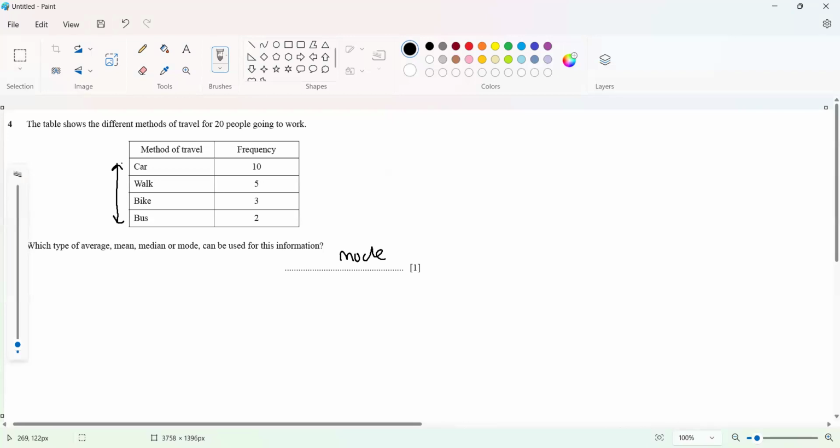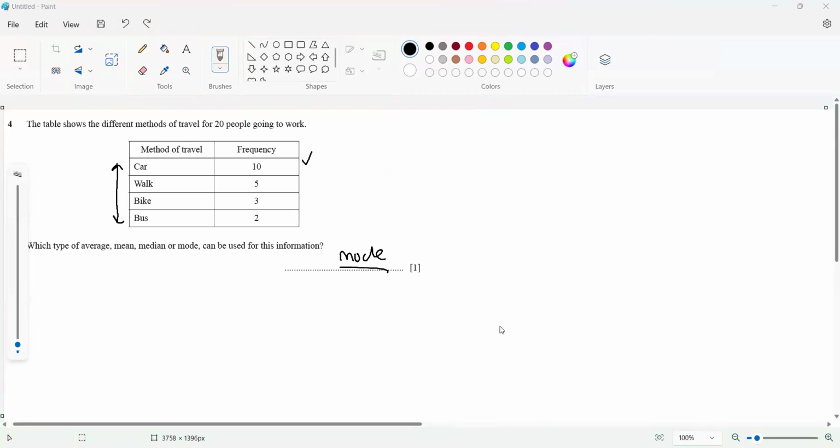There are 4 different methods, so the mean won't mean anything, and the median also won't mean anything. Ultimately, the mode can tell us specifically which mode of transportation the people prefer to take. In this case, the car is the mode. So we take the mode because we are able to analyze something from the data.